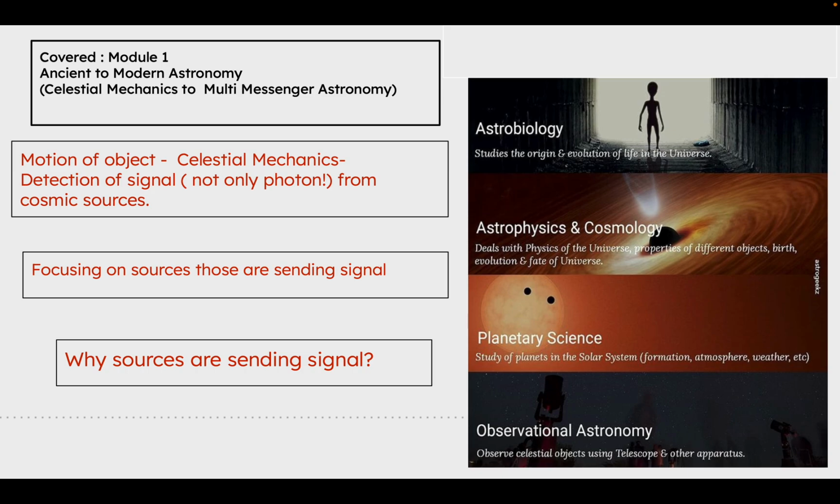In astrobiology, people study the origin and evolution of life in this universe. The astrobiologists are mainly interested in why life came on earth, why we exist. That is the main question the astrobiologist asks.